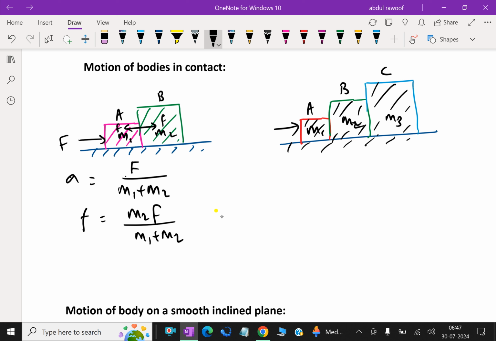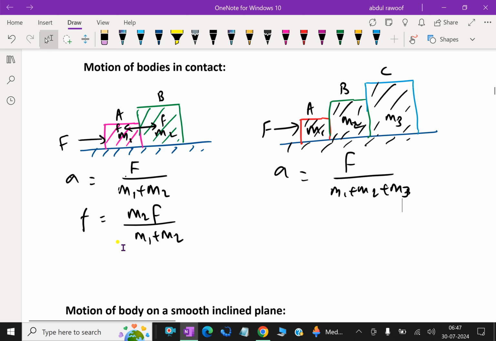For this, the acceleration A can be written as force over the masses added, M1 plus M2 plus M3.